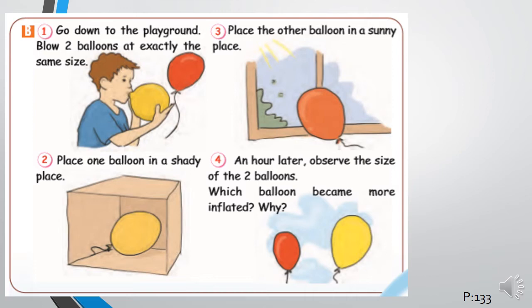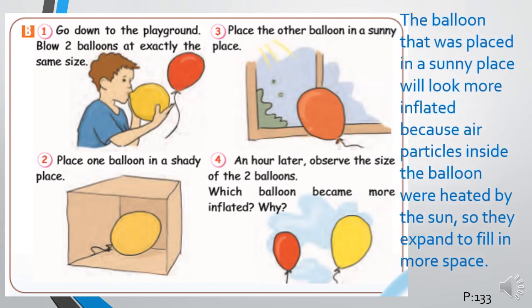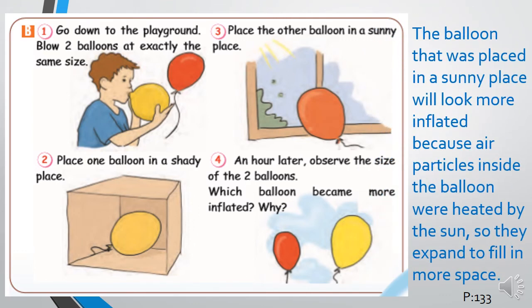So what happens to the balloon? It will become more inflated. Excellent. So what should I write? The balloon that was placed in a sunny place will look more inflated because air particles inside the balloon were heated by the sun, so they expand to fill more space.